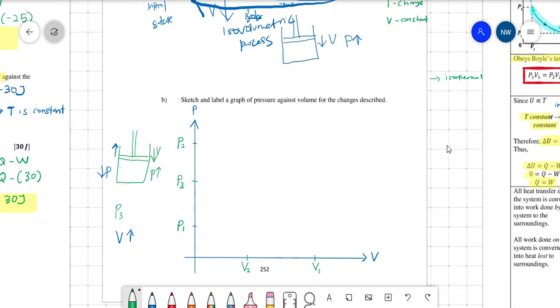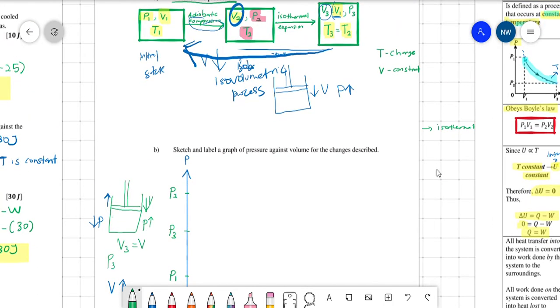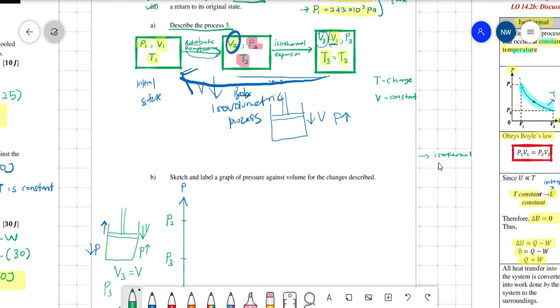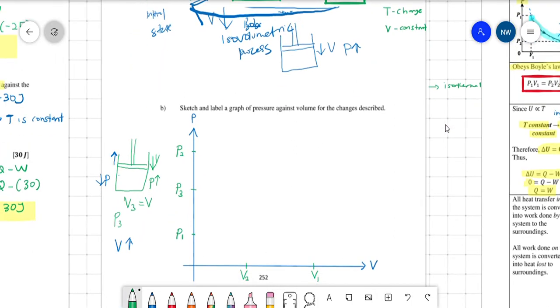For V3, V3 is equal to V1, so we don't need to find where V3 is because it is the same as V1.